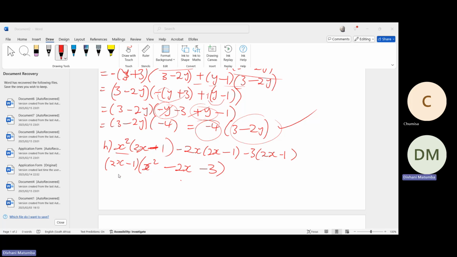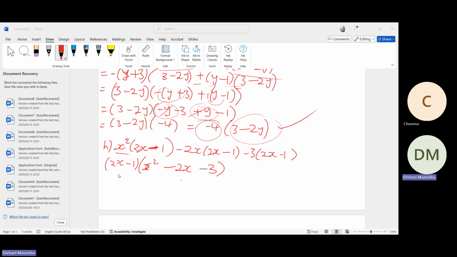Remember, the first type of factorization was taking out the common factor, and the second one was the difference between two squares. You remember? Yes, sir. And the third one was factorizing a trinomial. And another one was factorizing by grouping, which is what we are doing.